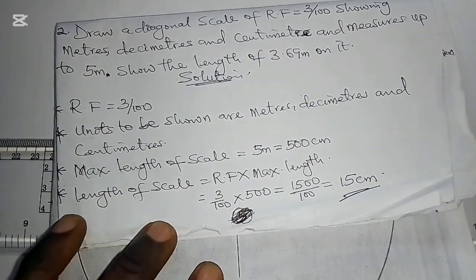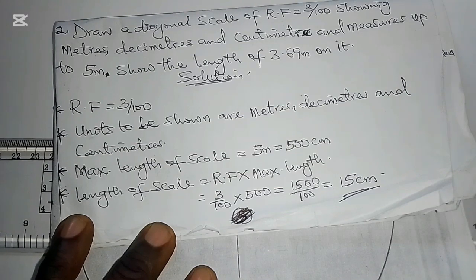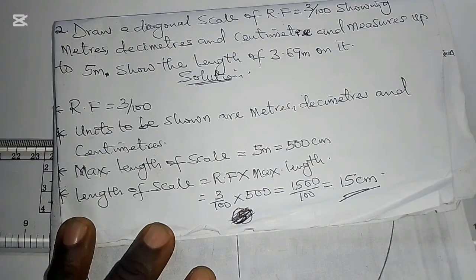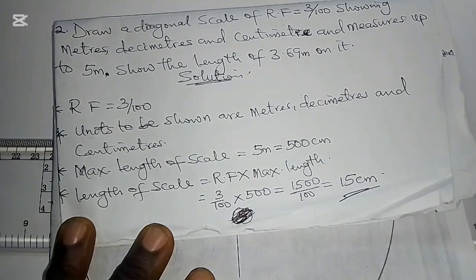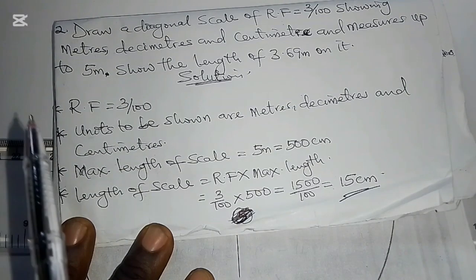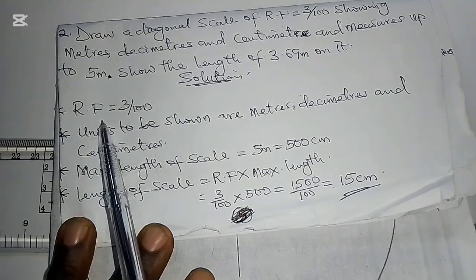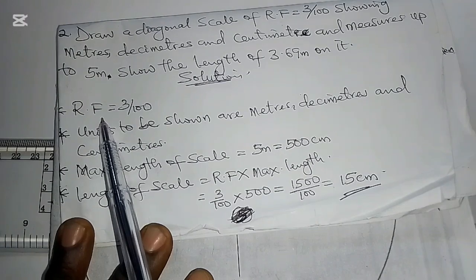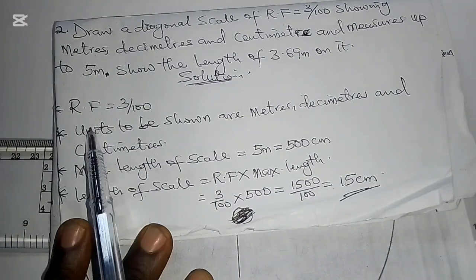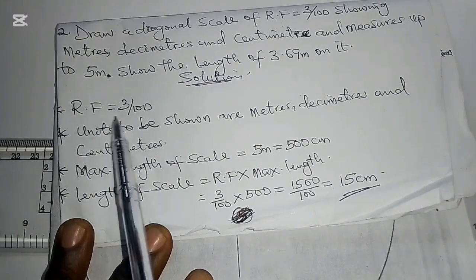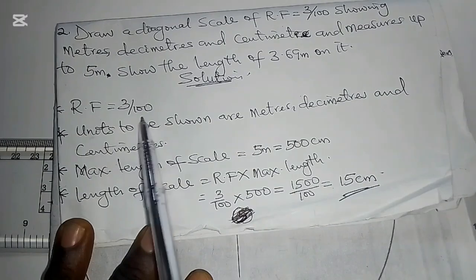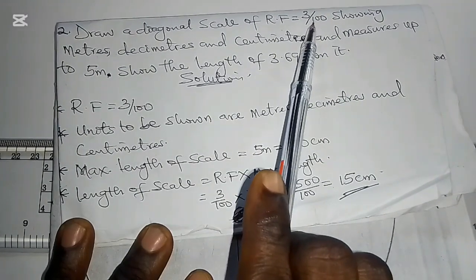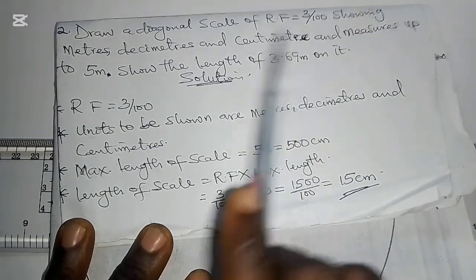As I usually say on my videos on construction of scale, there are parameters you need to know. You need to bring out the representative fraction. If it is not given, the parameters will be given to you to calculate. In this case we are given the representative fraction as 3/10.